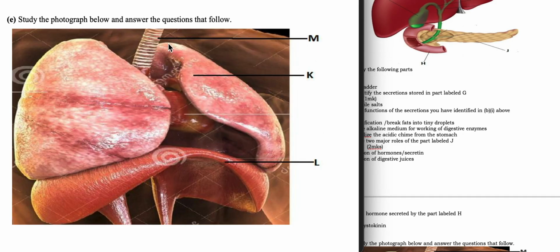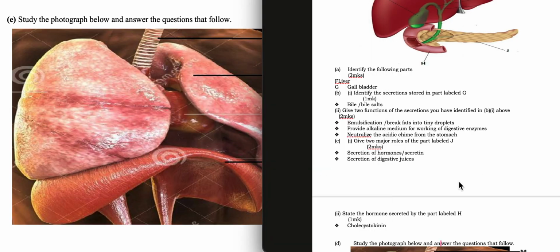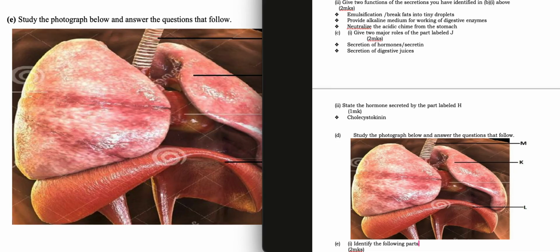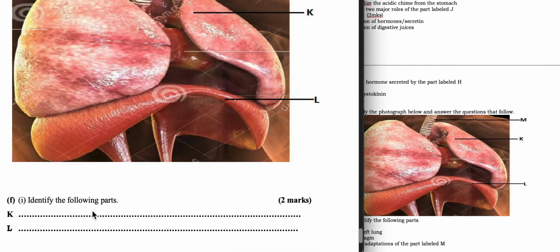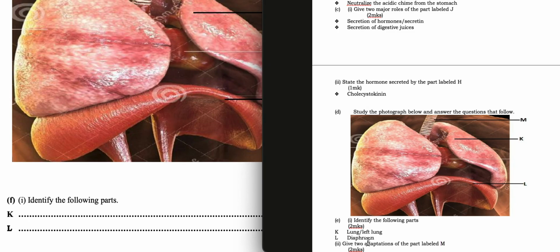We have parts M, we have K, and we have L. Identify the following parts, K and L. K is the lung, or you can say the left lung. And then L is the diaphragm.